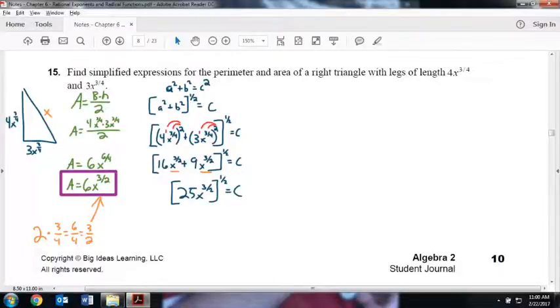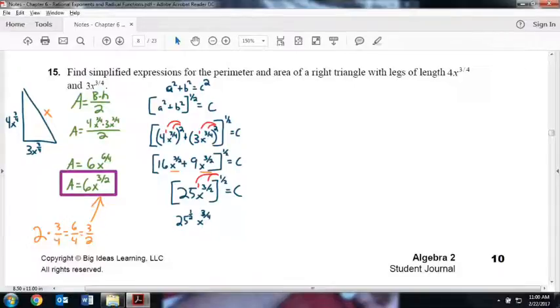And the last thing I'm going to do is distribute that 1/2. So 1/2 times 1 is 1, so that's 25 to the 1/2, which some of you will already see, well, that's fine. And 1/2 times 3 halves is 3/4.